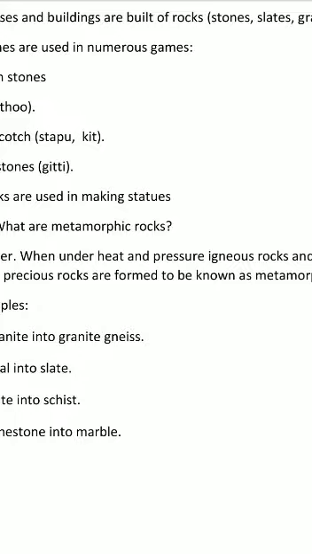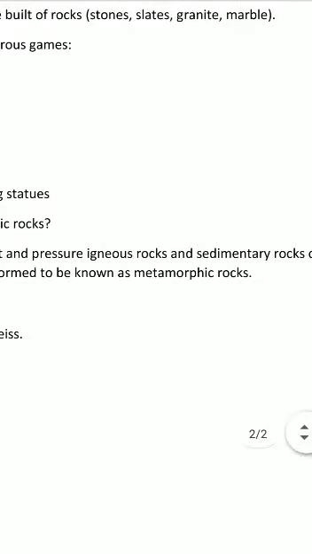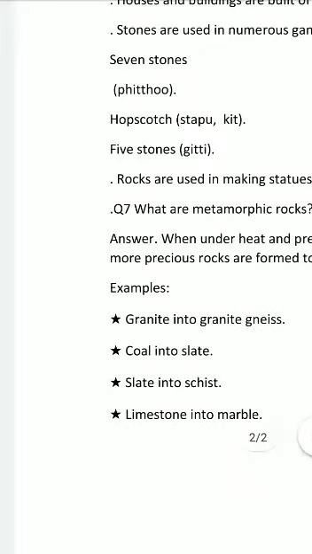So what are metamorphic rocks? I think this is understood. Under great heat and pressure, igneous rocks and sedimentary rocks change their form and turn into more precious rocks called metamorphic rocks. I think this is understood.